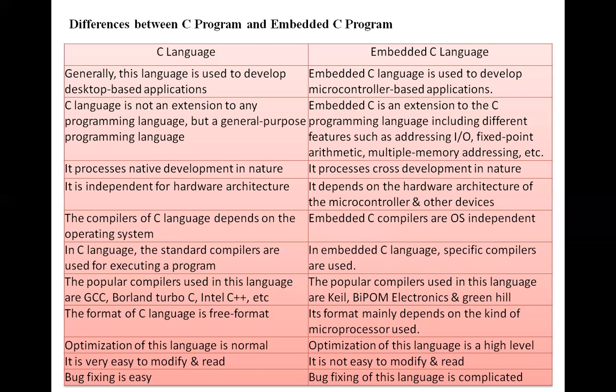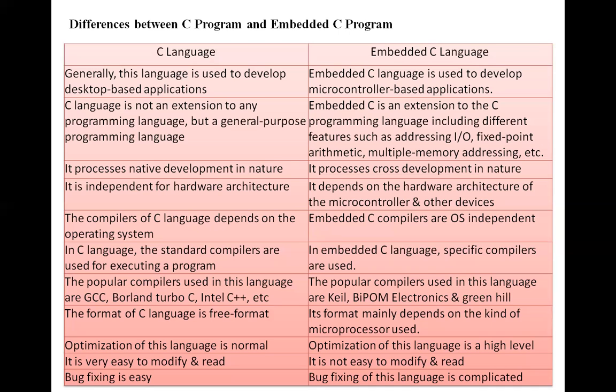They are available with the manufacturer or the designers, who purchase these types of compilers. So the popular compilers used for embedded C are Keil, BiPOM Electronic and Green Hills. Most of these compilers are not freely available.